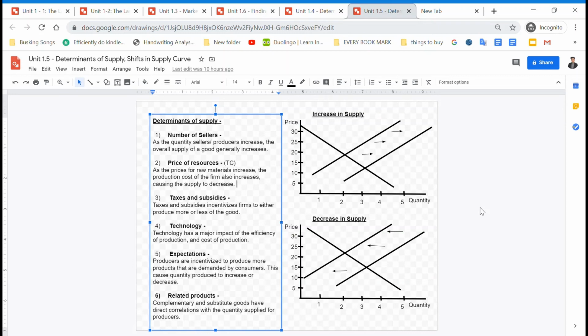So the production cost, the average total cost and the total cost of production for a roll of duct tape increases.